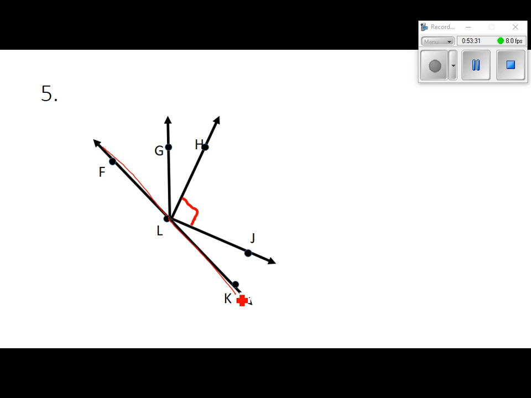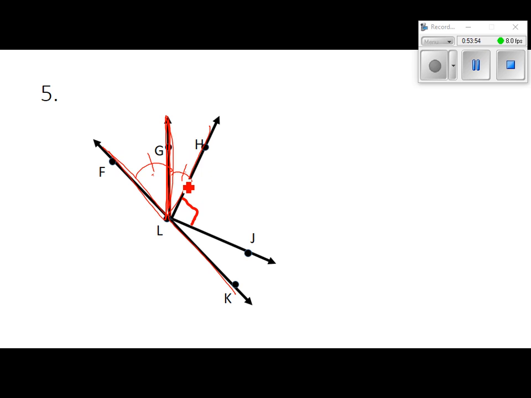Ray LG, that's this ray, bisects angle FLH. What's that tell us about these 2 angles? So let's mark them congruent, however you want to mark them so that you know that they're the same.